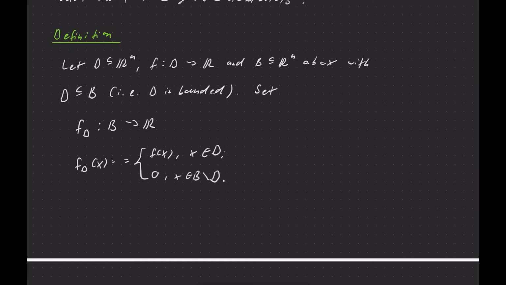And then we say the function f is Riemann integrable over D if this extension f_D is Riemann integrable over the box. And we know how to integrate over boxes.